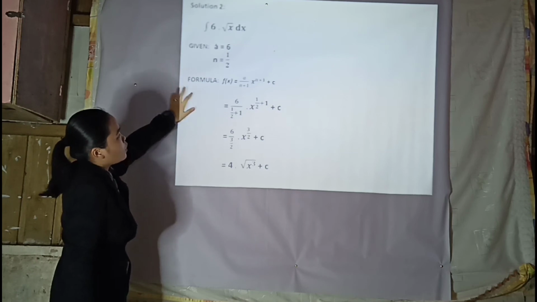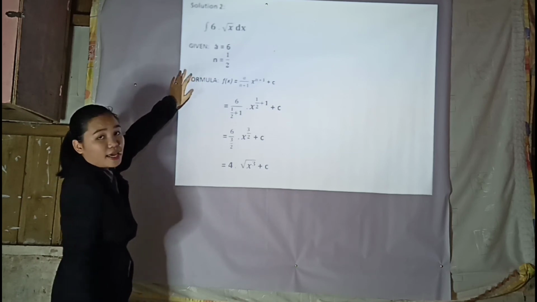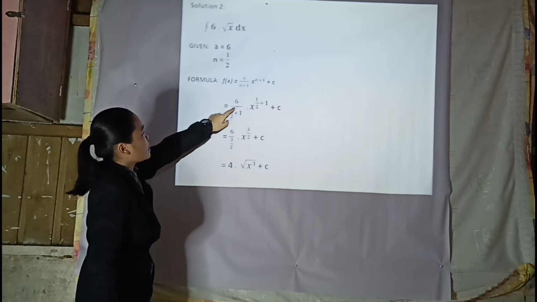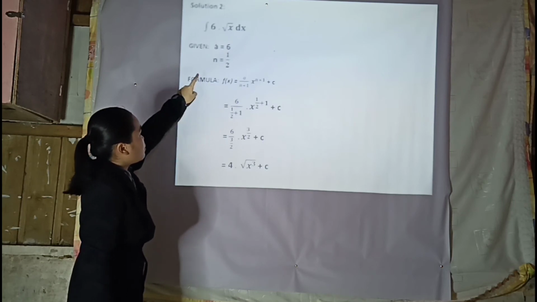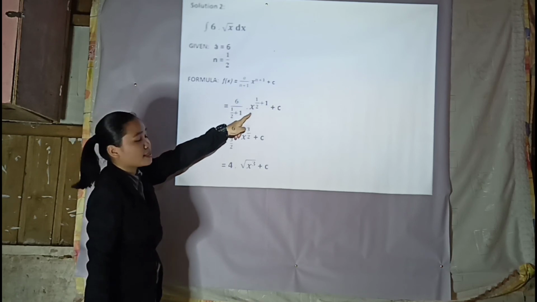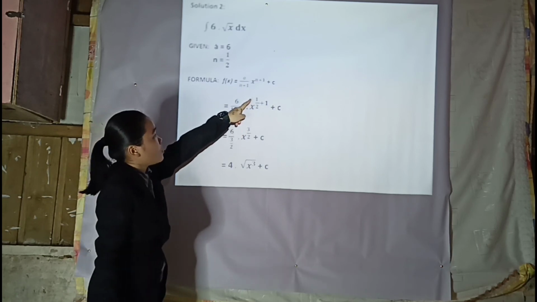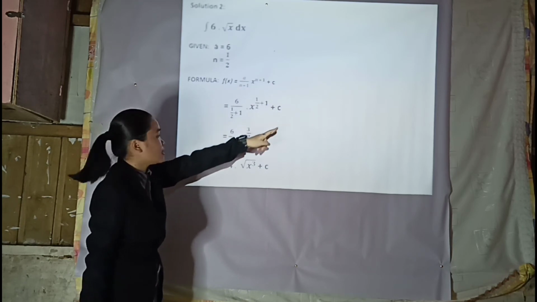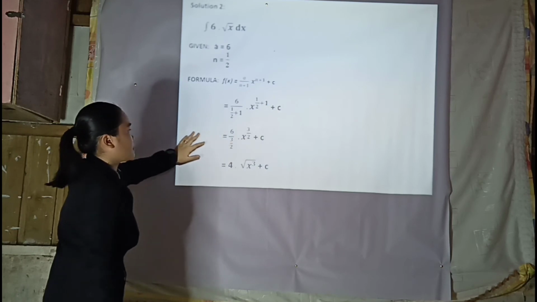The formula, we will substitute the value of a and n in the formula. So, since our a is 6, so 6 over the value of our n is 1/2 plus 1 times x raised to the power of 1 over 2 plus 1 plus c, which is our constant.